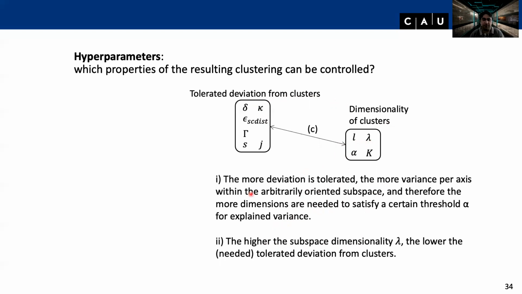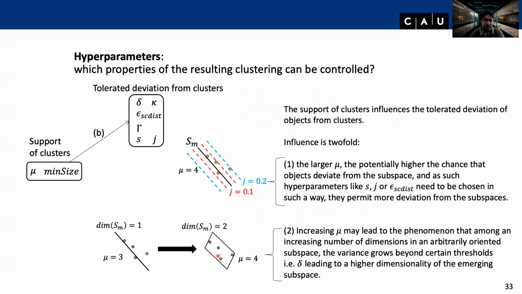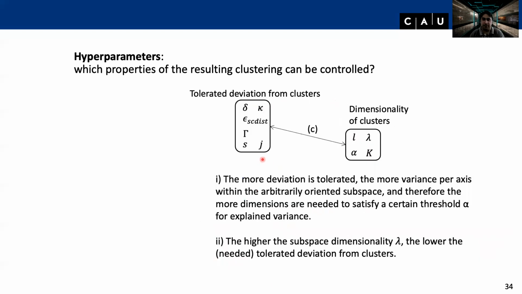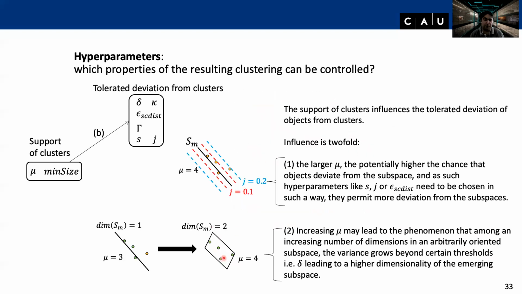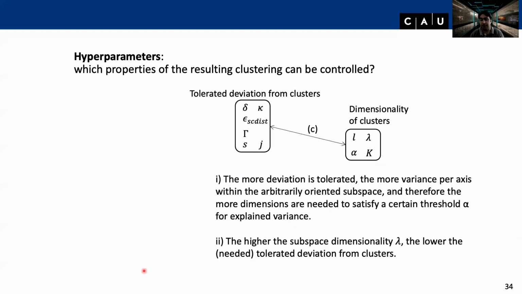To flip back to this figure here, if I say I dictate that the dimensionality of 2 is fine, then I do not care about the tolerated deviation. It may deviate as much as it wants, because I have a higher dimensional representation that these objects may reside in. On the other hand, if I say I want to have them as close as possible, then I enforce it to be of a certain dimensionality.